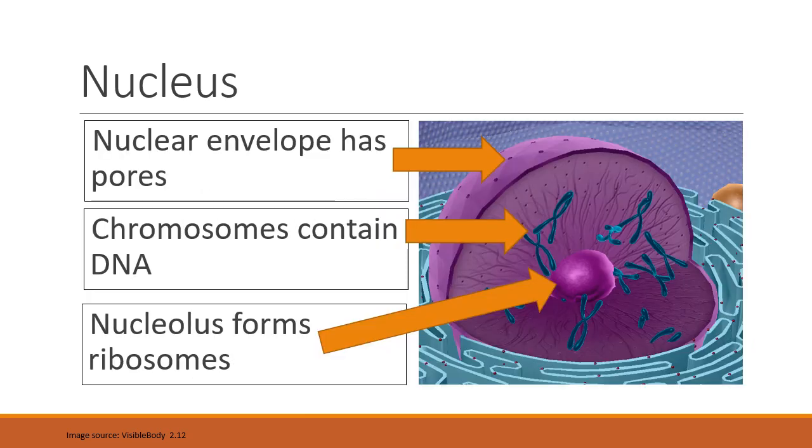As far as the structure of the nucleus itself, the nuclear envelope, this nuclear membrane here, has these relatively large pores that allow for the passage of material such as the RNA that's produced, allowing it to exit the nucleus fairly easily. It contains chromosomes. The chromosomes are the structures that hold the DNA.